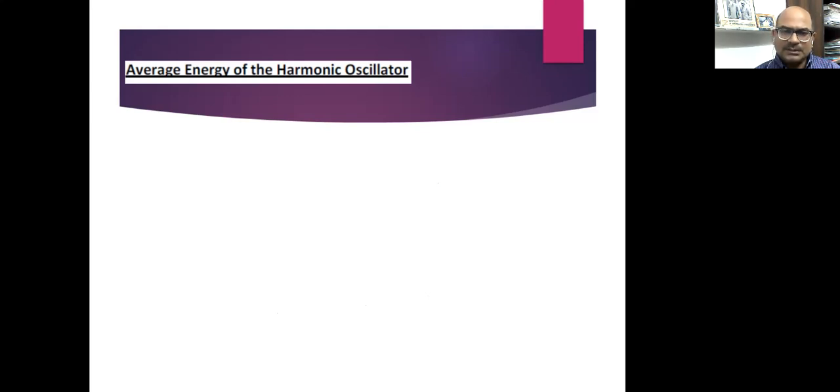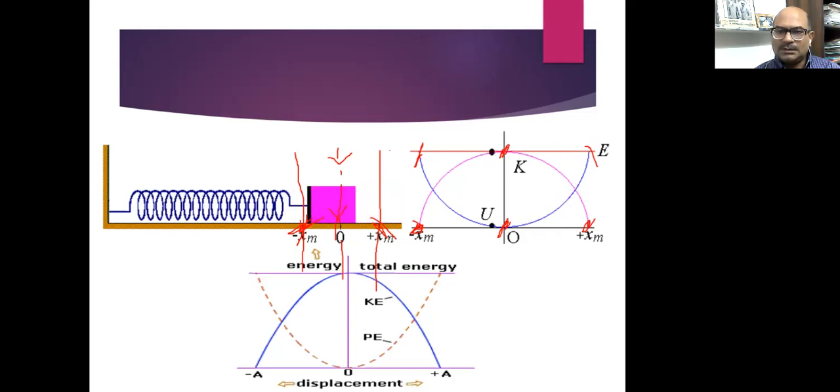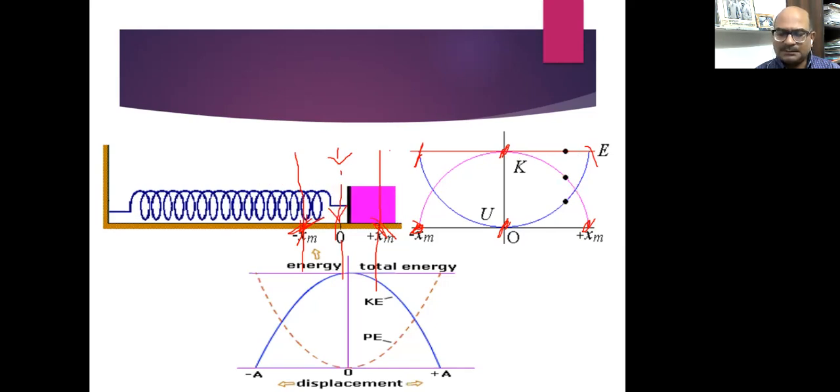If you see the average energy of this oscillator, here you are seeing that these two graphs are basically opposite to each other. So what can be the average energy at any moment?